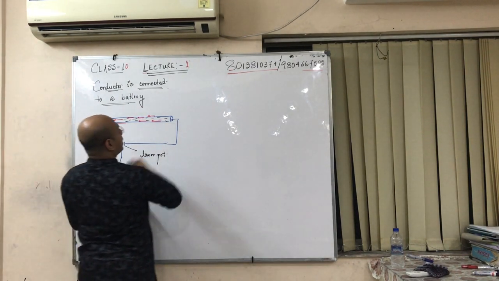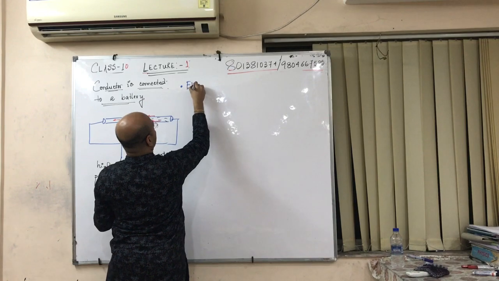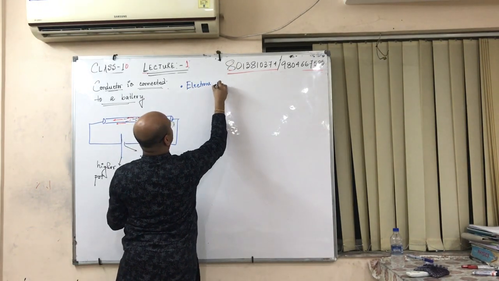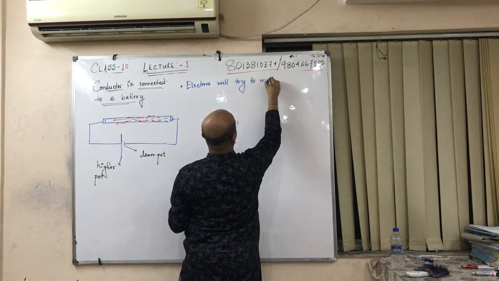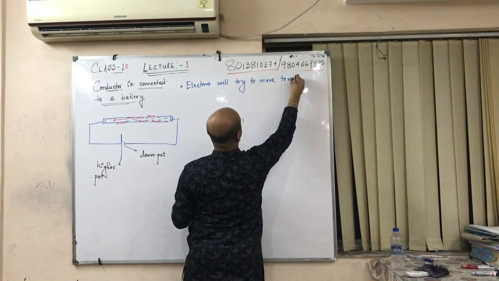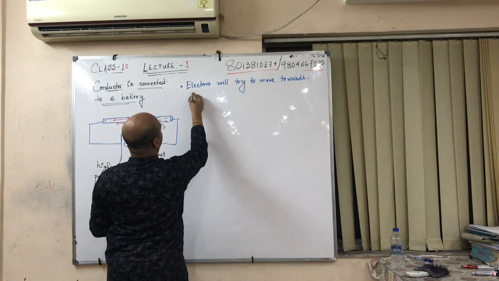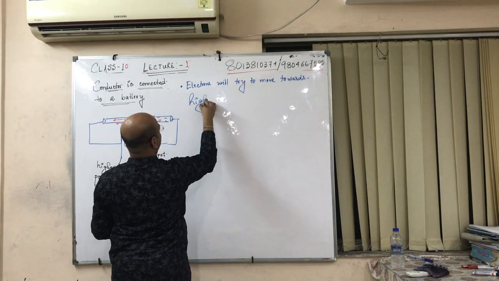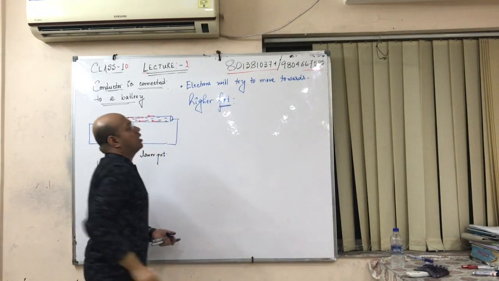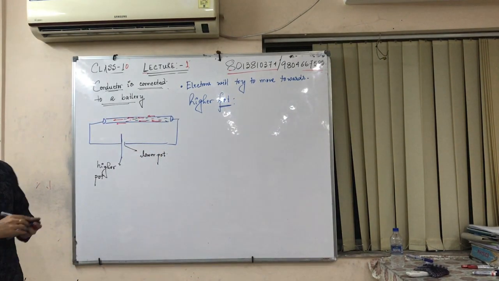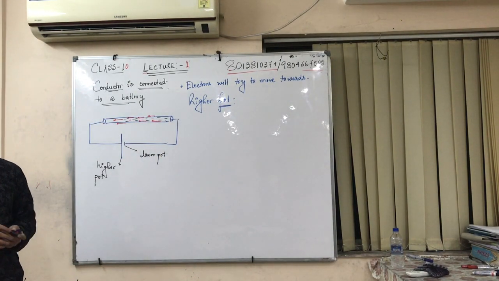So what happens? Electrons will try to move towards the higher potential.